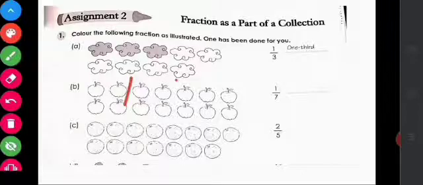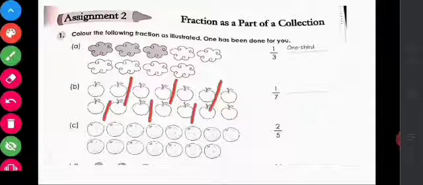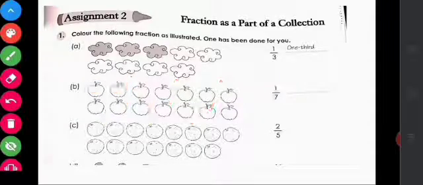Here in the numerator, what is given? The number 1. So how many parts do you have to shade? 1 part alone. So in this 1 part, how many apples? 2 apples. So what is the fraction? 1/7. And the next one, 2/5.